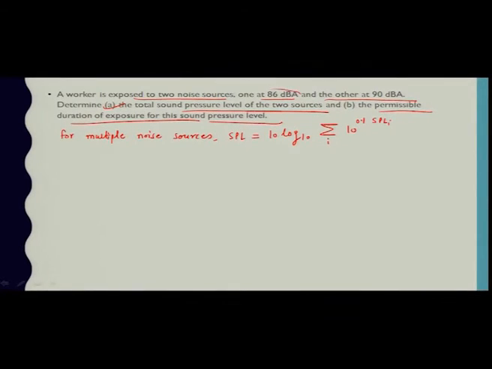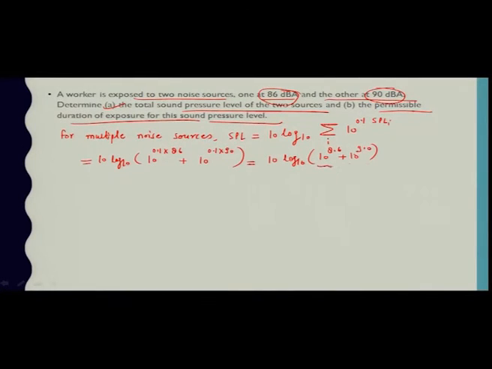Since we have two sound pressure levels, 86 and 90 decibels, we can write this as 10 log base 10 of 10 to the power 0.1 into 86 plus 10 to the power 0.1 into 90. So this could be 10 to the power 8.6 plus 10 to the power 9.0.